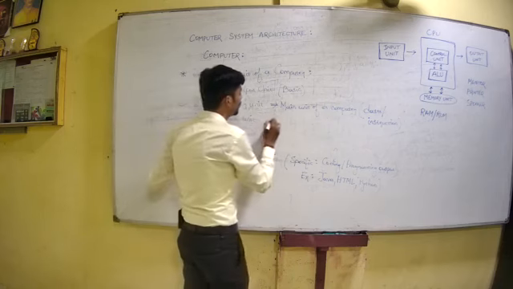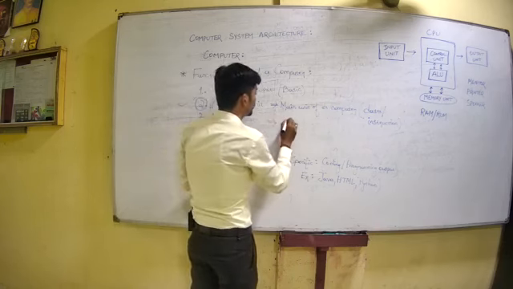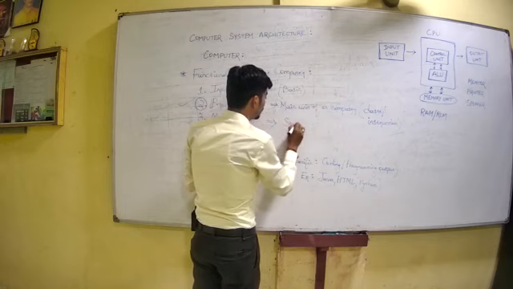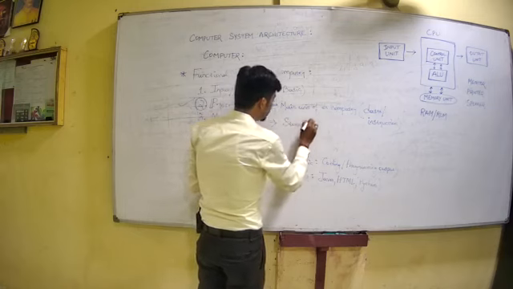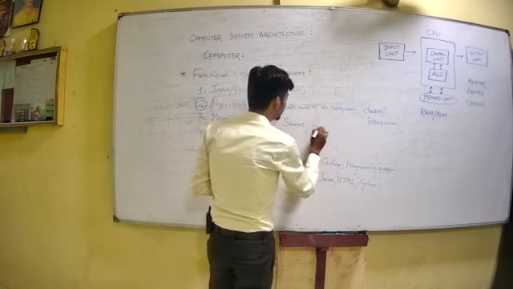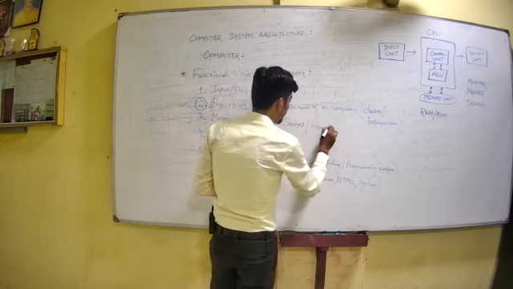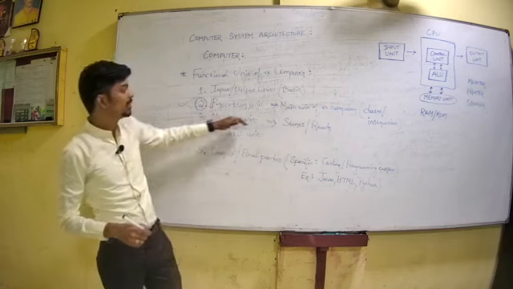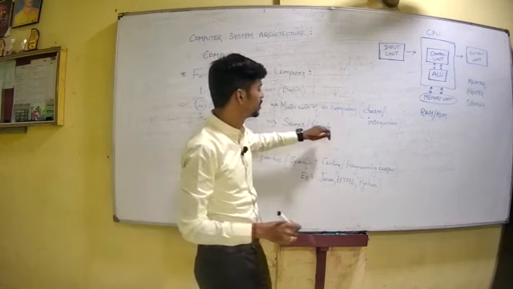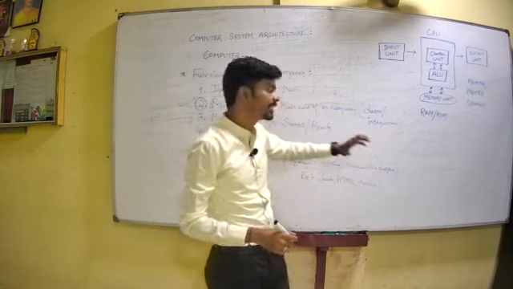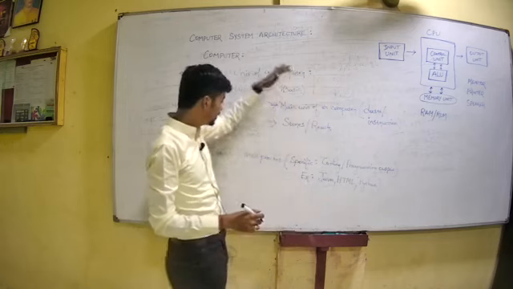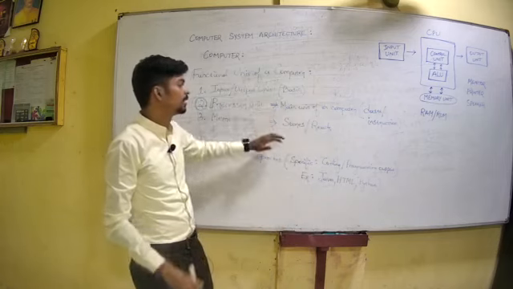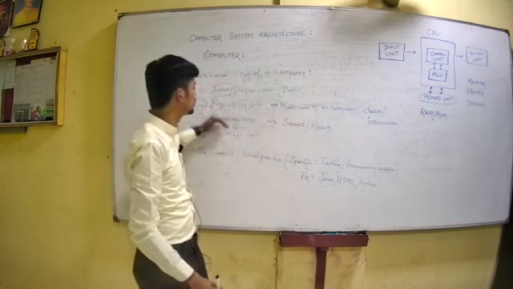Now, the memory unit either stores or reads. The memory unit consists of two types, primary or secondary. But in this process, the primary memory is considered.